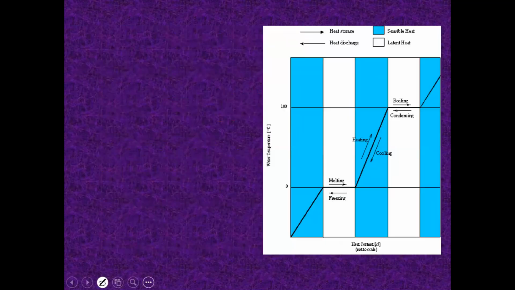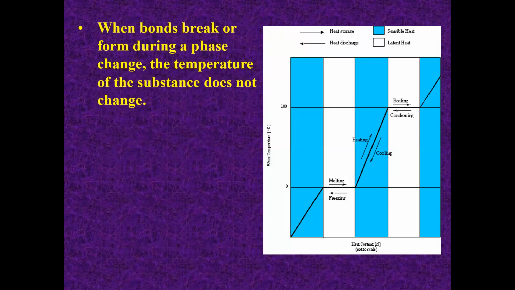Now we get this graph here. When bonds break or form during a phase change, the temperature of the substance does not change. So notice here on this graph, no temperature changes are occurring here. These are phase changes. Here's my first phase change, melting or freezing. Boiling, and the opposite is condensing, is the second phase change, but the temperature stays at 100.